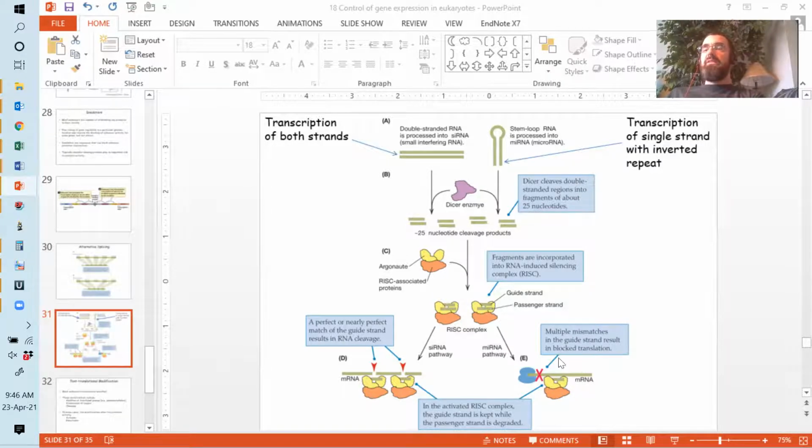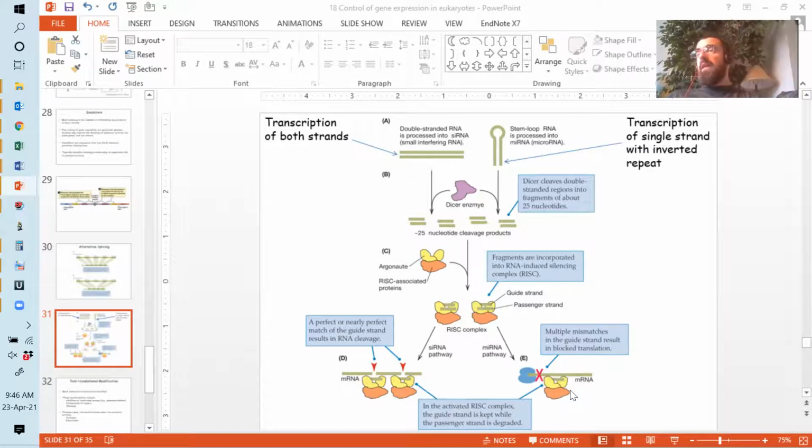So now instead, translation is blocked. And so even though the mRNA is still present, functionally it's dead, because it is not able to be translated by a ribosome.